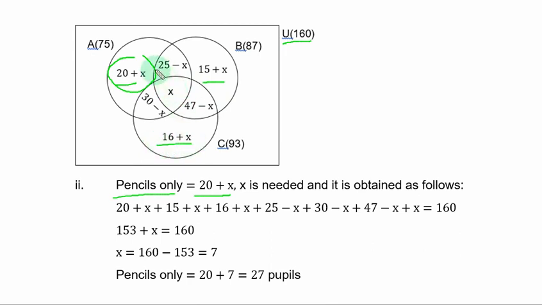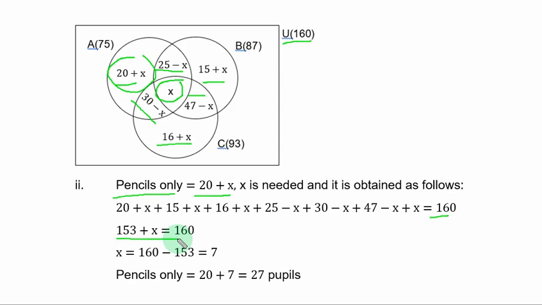So you start from this plus this plus this. Then you come here plus the respective intersection of the two items plus the intersection of the three items. You equate it to 160. If you add the numbers and cancel out the terms that need to go, you are left with 153 plus S equal to 160.